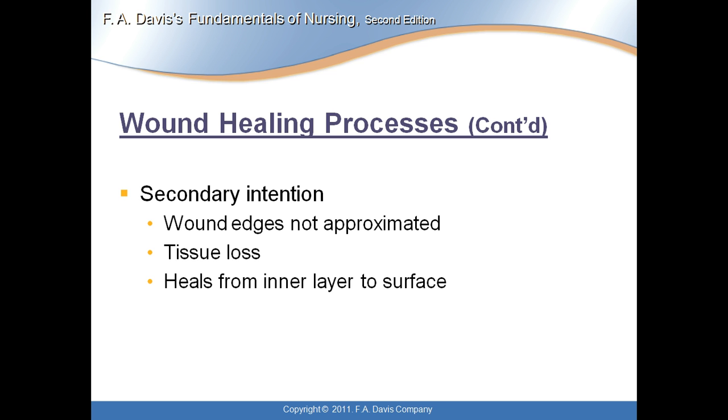So when they have to go in and do some sort of surgical intervention to get it to heal, they have to cut out all the dead tissue, and then they'll put a wound vac on it, which helps suck out all the infected fluid. Wounds don't just heal from side to side and meet in the middle. They actually heal from the bottom up. And we'll go over that in class a little bit more.